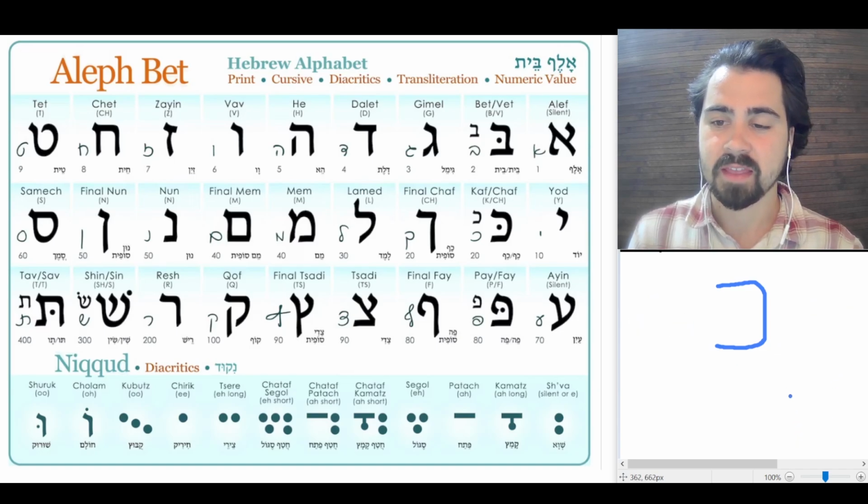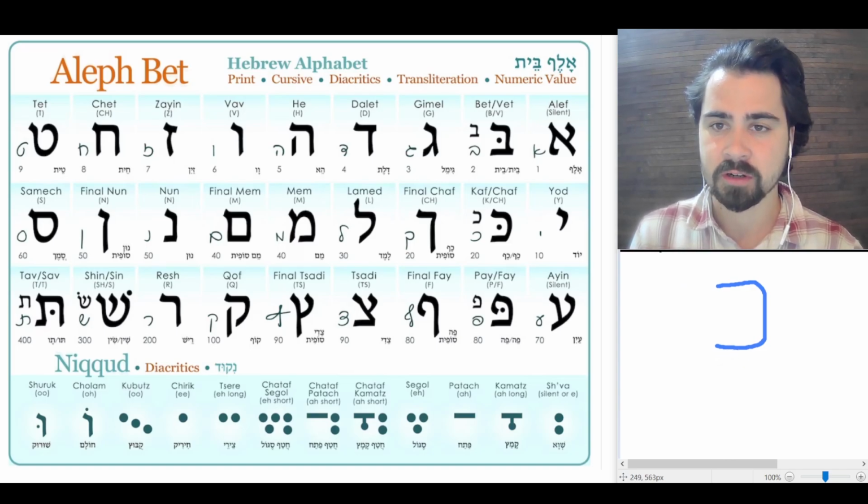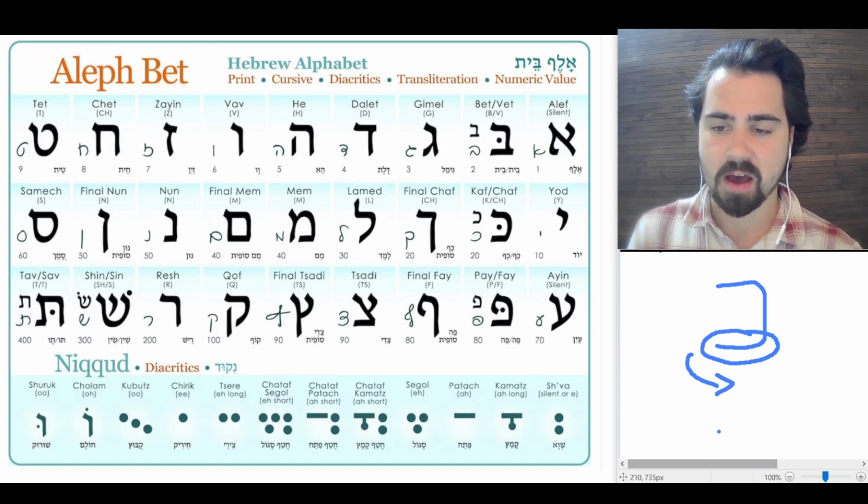Okay. And with a Chaf, we introduced the new concept of final letters. Chaf is one of the letters that has a final form, which basically in all final forms in the printed version, it just looks like we took the bottom part of the letter and twisted it down.